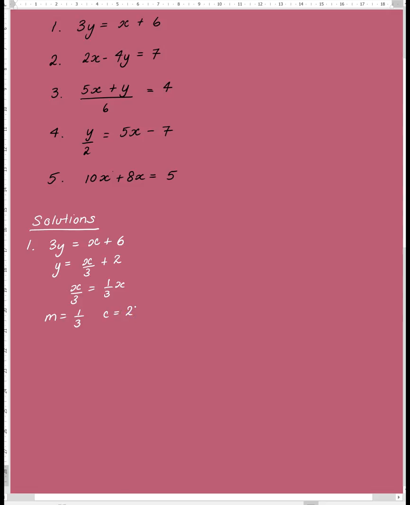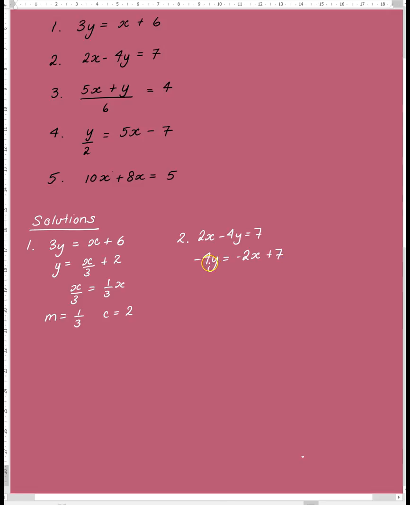Okay. If we have a look at question 2, we've got 2x take 4y equals 7. We'll get rid of that 2x, so that disappears. We're left with -4y. The 2x goes on the other side, so it becomes -2x plus 7.